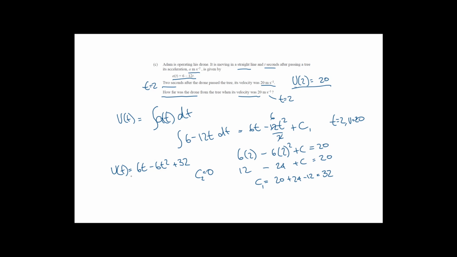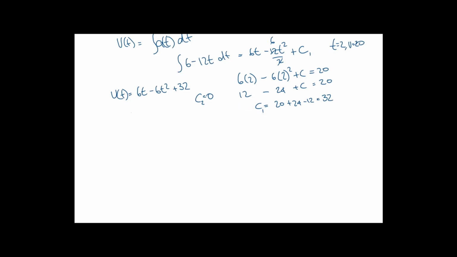To find the distance covered, the displacement, we need to integrate this again. So we're going to integrate 6t minus 6t squared plus 32 with respect to t.